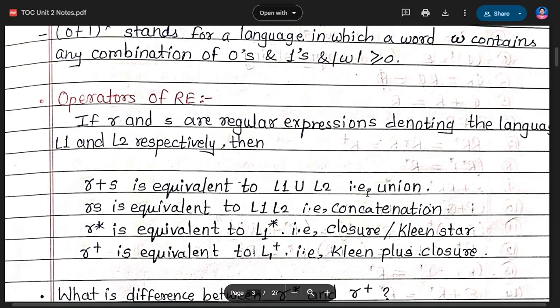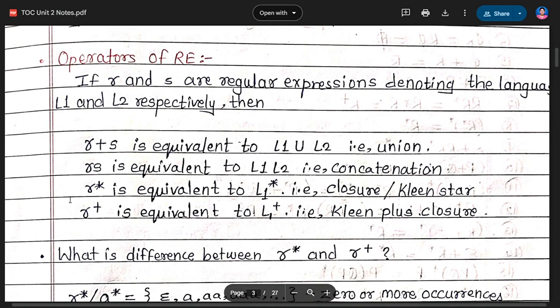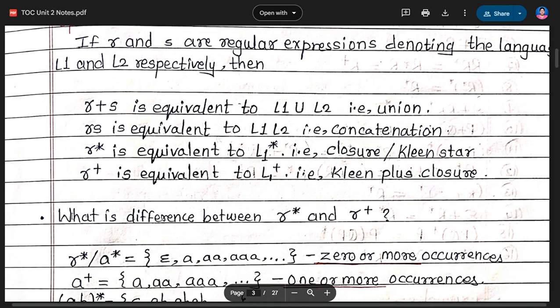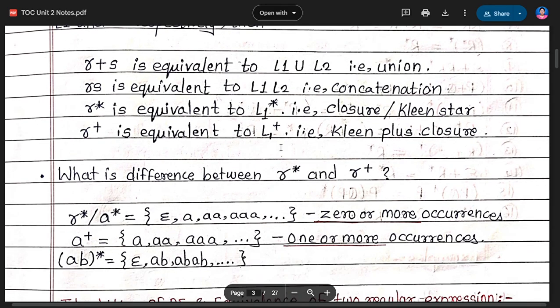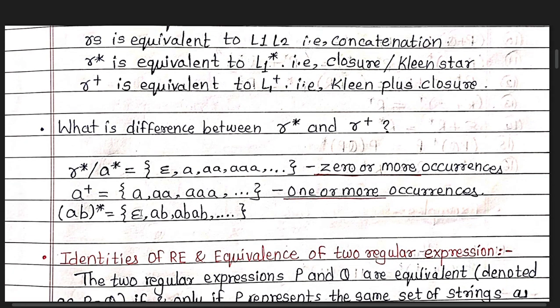That's a union. RS is equivalent to L1 and L2, that's a dot, so it's a concatenation. R star is equivalent to L star, that's the closure or Kleene star. And R plus is equivalent to L1 plus, the Kleene plus closure.